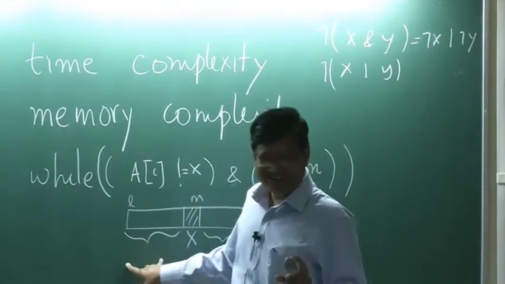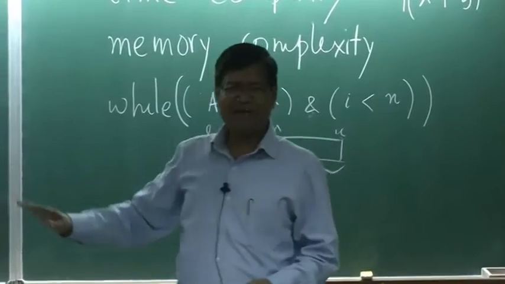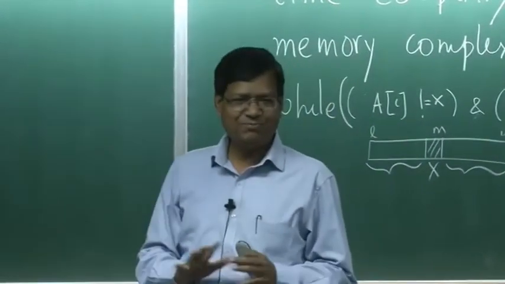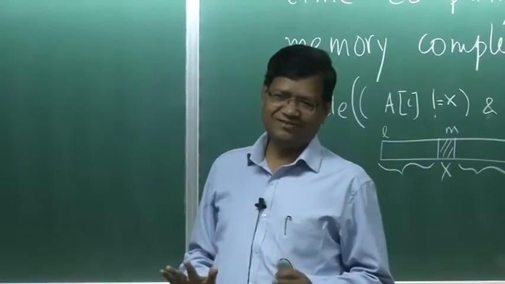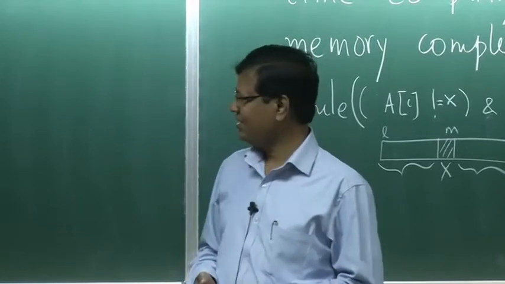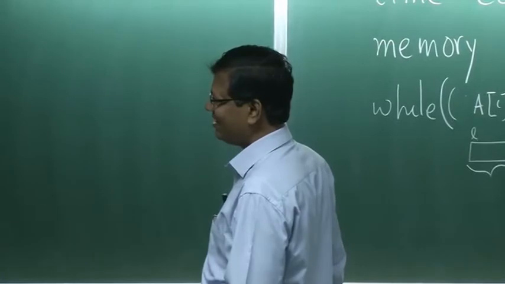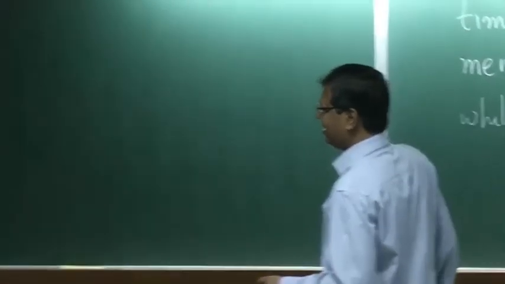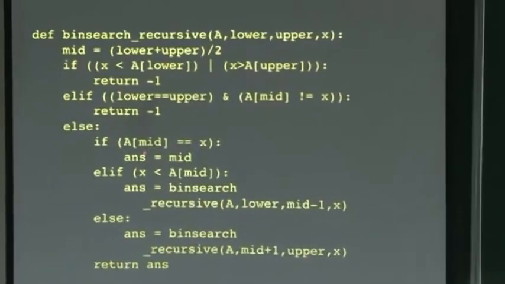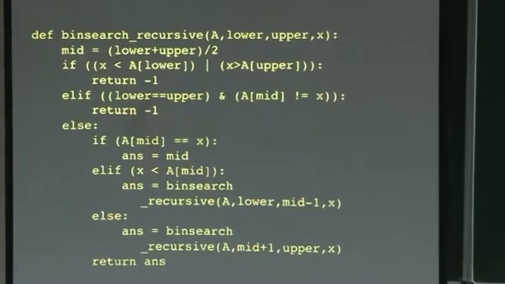It should give an answer. I shouldn't print, I want an answer. If you print, then this is not what I want. So it will give an answer. This sentence continues and I put a line break. But if this is also not true, then x is lying outside, on the right side of mid.